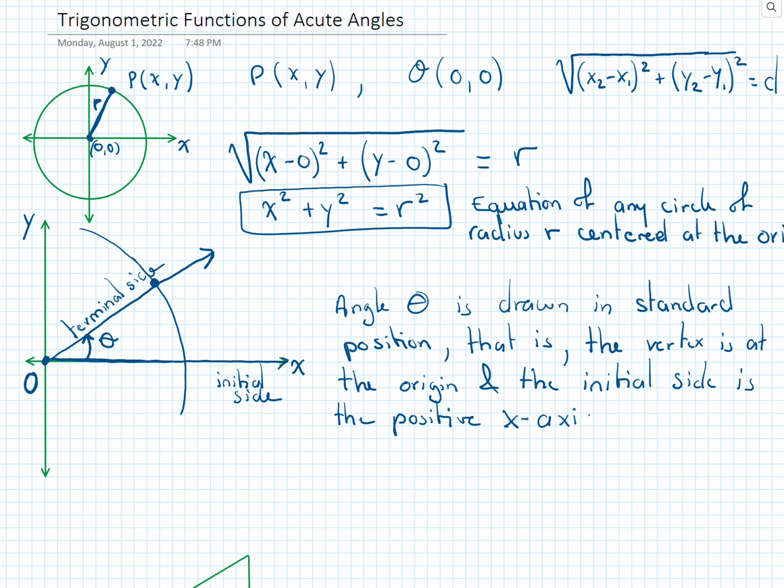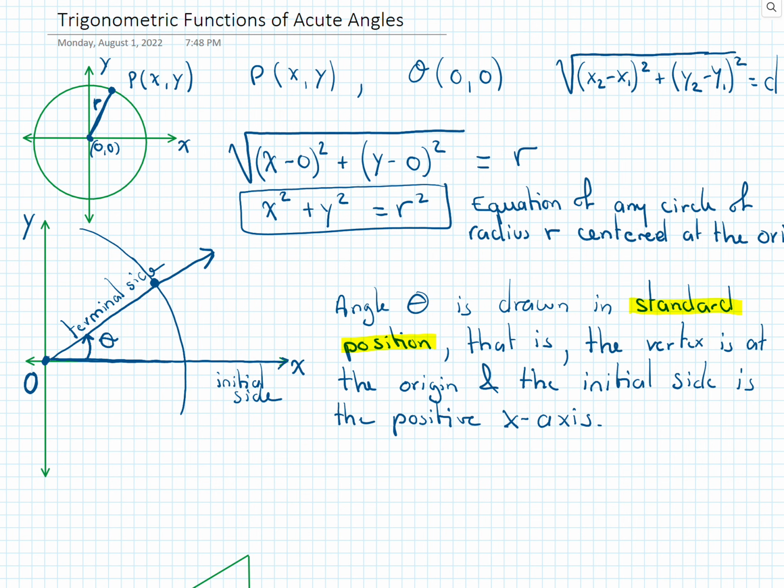I say x-axis, but I really should say the positive horizontal axis, right? Because it doesn't have to be x. So the positive horizontal axis. That's an angle drawn in standard position. So you want to remember that. Standard position.